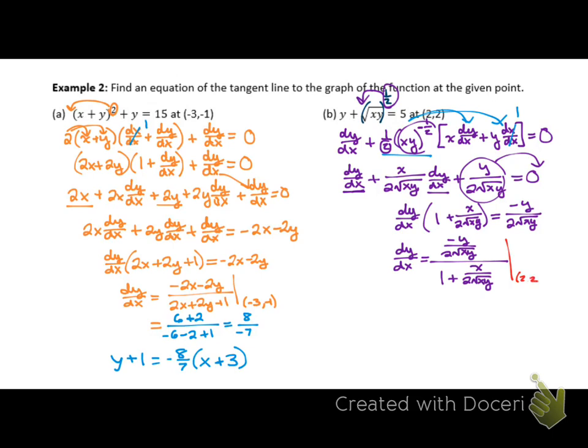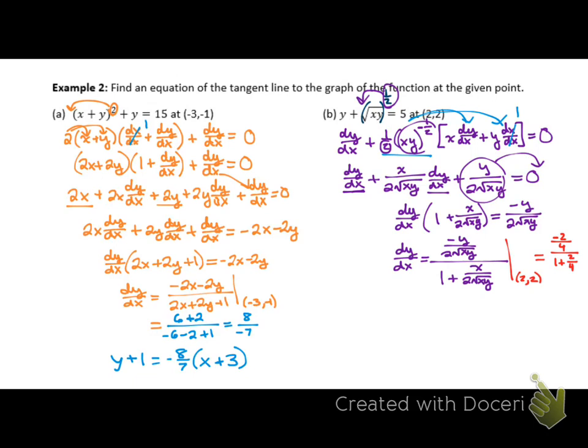So we get negative 2 over, 2 times 2 is 4, 2 times the square root of 4 is 4, over, hey, we did this one. That's okay, you get to see it again. Over 1 plus 2 over 4. It is a little different.